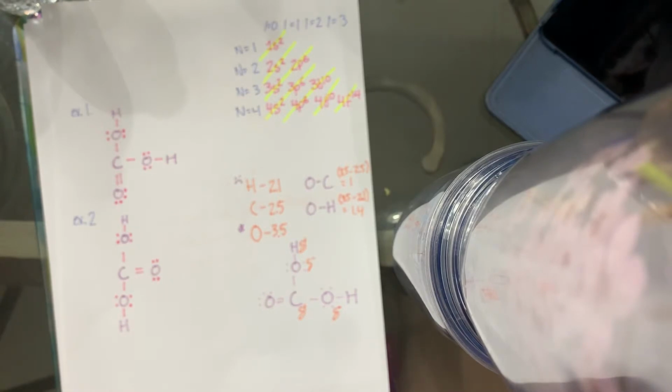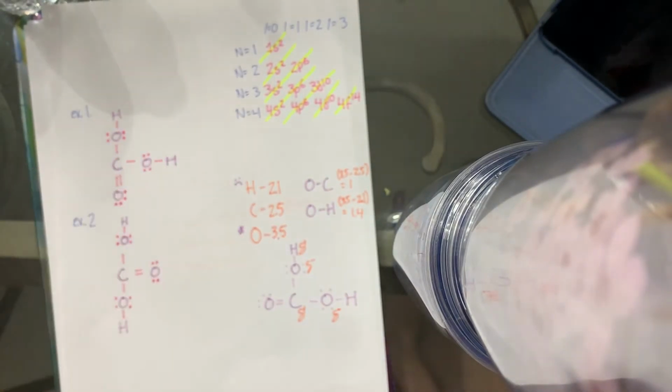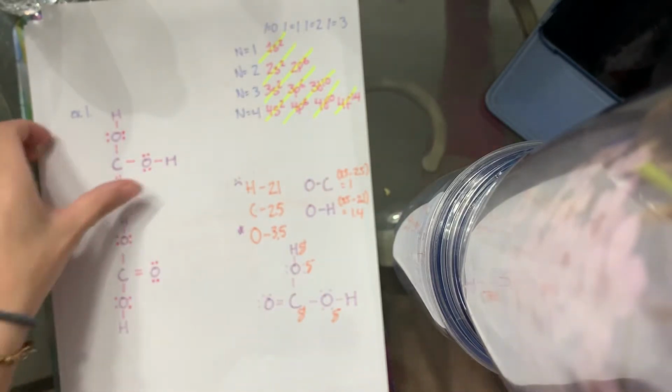Typically, anything with a number greater than 1 is going to be ionic. The only exception is going to be hydrogen, because anything that bonds with it is just incredibly polar. It's just so massively polar. And so, looking at our loose dot structure, you can see that we have 2 different kinds of bonds: carbon and oxygen, and oxygen and hydrogen.